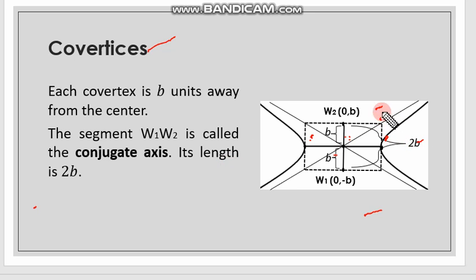You can see there is a rectangular box here, but it is not actually part of the graph. It is called the auxiliary box, and it is just to make graphing the hyperbola easier.